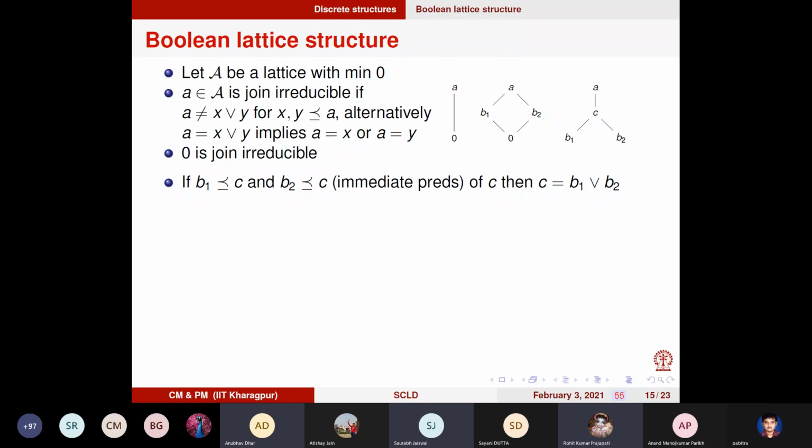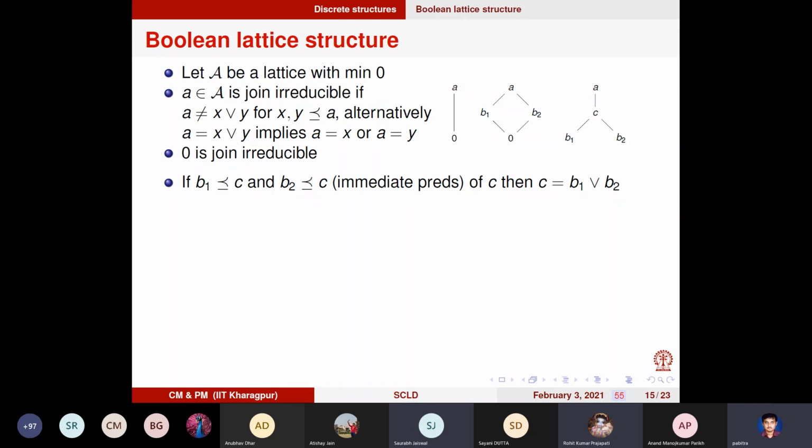Sir, X not equal to Y is still not sufficient because I think X not equal to A and Y not equal to A is required. If X is equal to Y, then their join will be the same also. Yes, if either of them is A, then it can also hold.